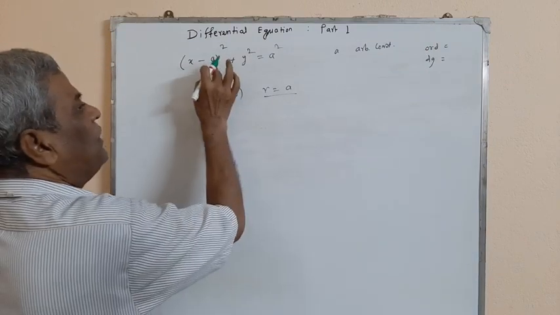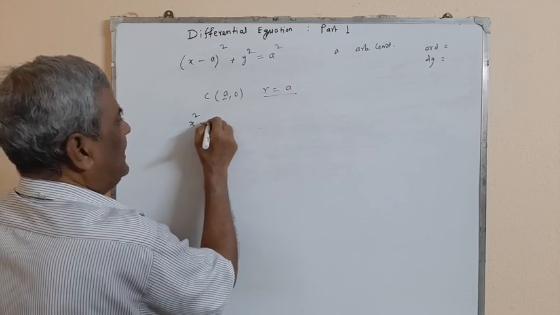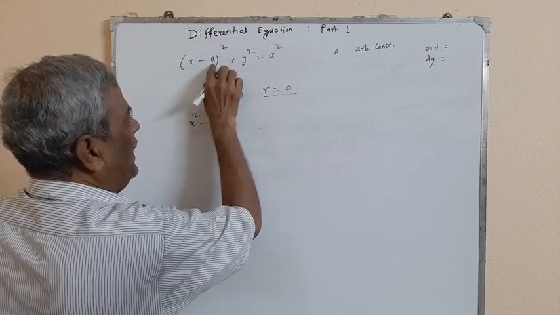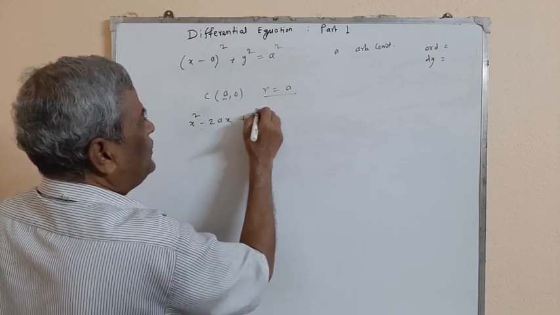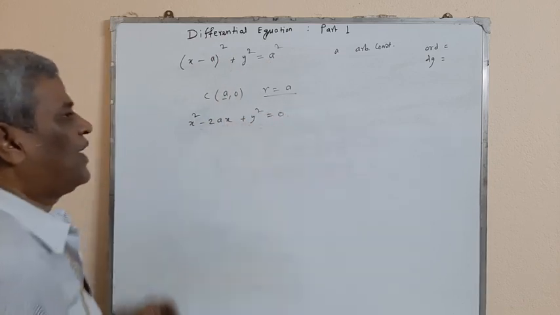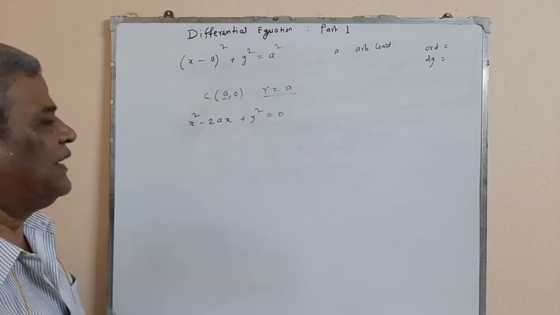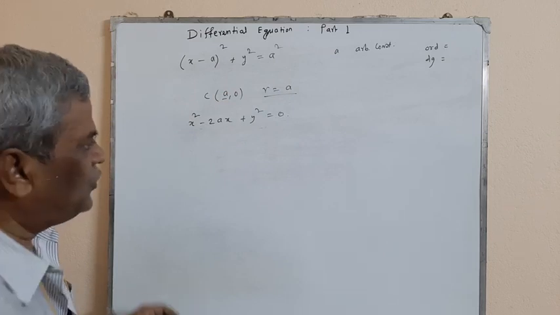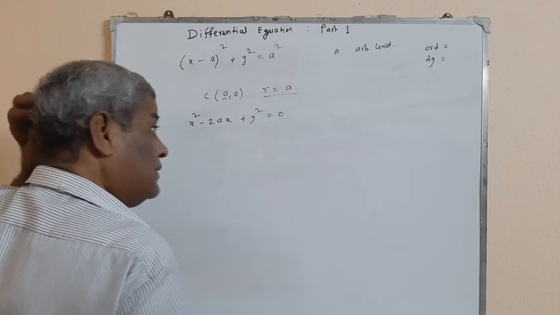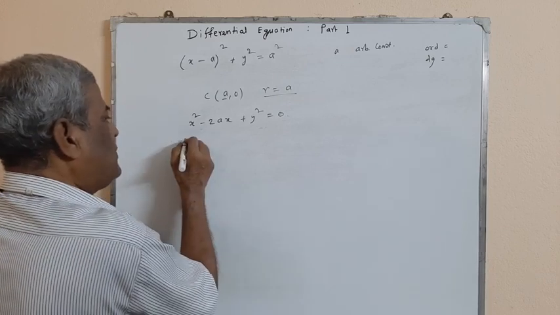So simplifying this, we get x square minus 2ax plus a square, and that a square will be cancelled, plus y square is equal to 0. So here also we see only one unknown parameter is there, a. So the differential equation can be obtained by differentiating both sides once with respect to x.